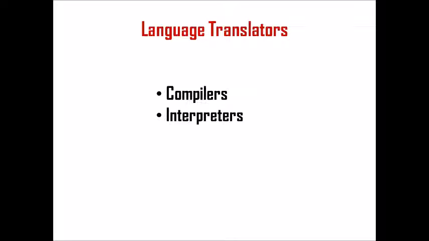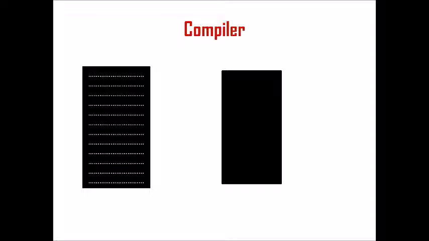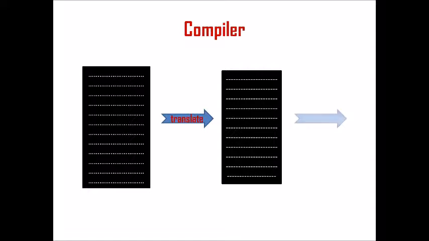Language translators are of two types: compilers and interpreters. We will see them one by one. First we will look into compilers. Compilers read the whole code at once, translate that into bytecode, and then execute it.